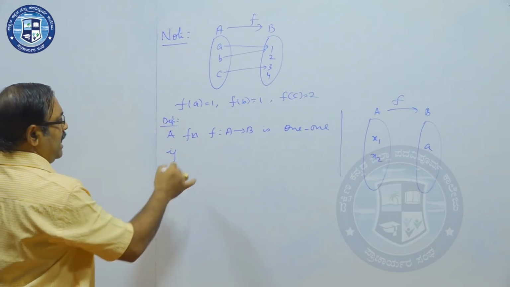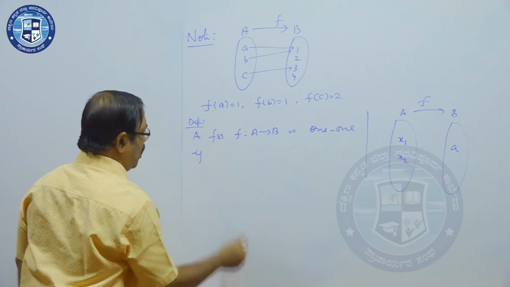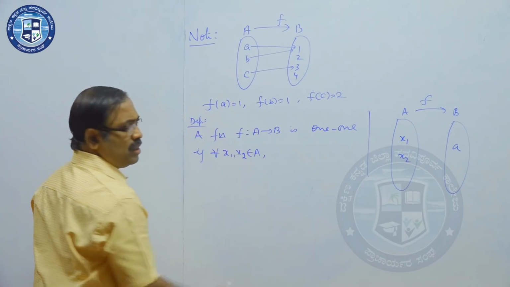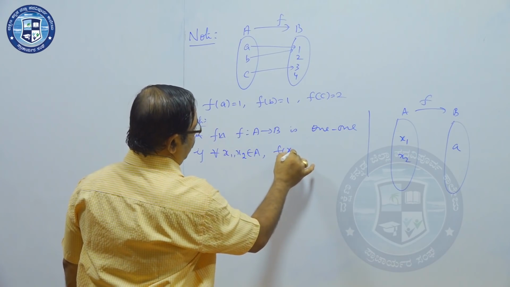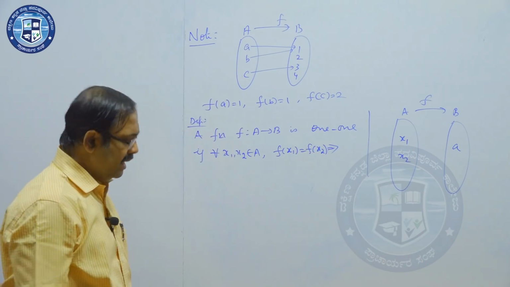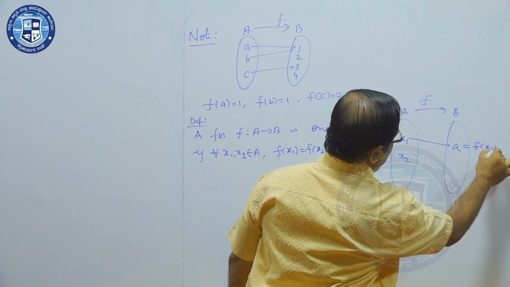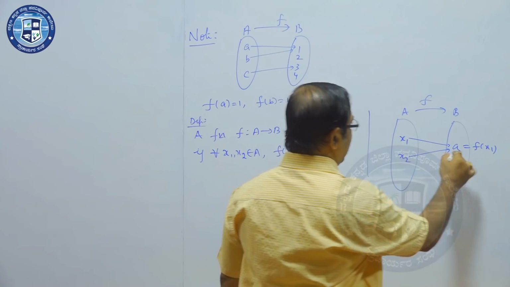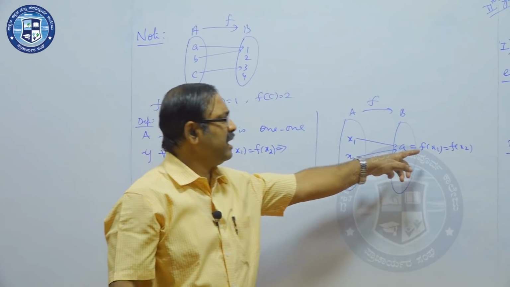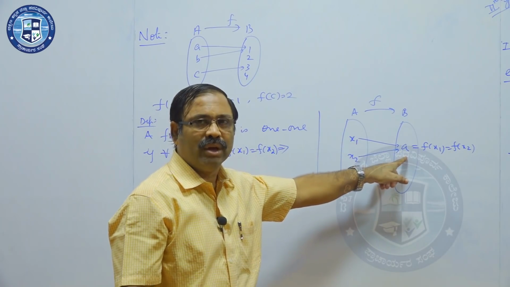Now we can write, for all x1, x2 belonging to A, f of x1 equal to f of x2. See here, f of x1 is this, again f of x2. So images are equal.